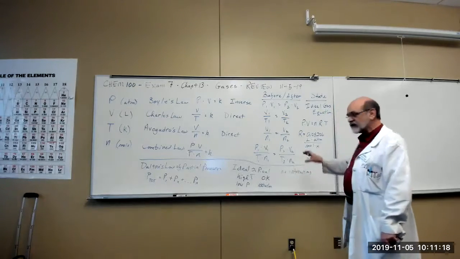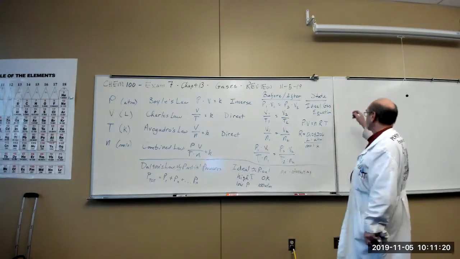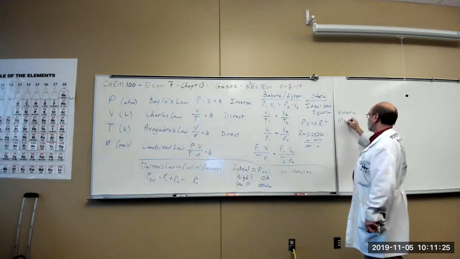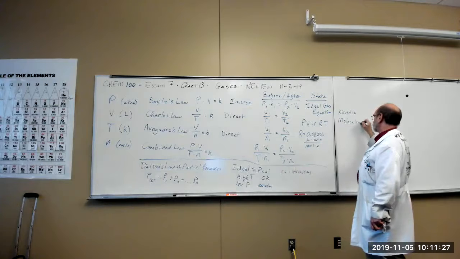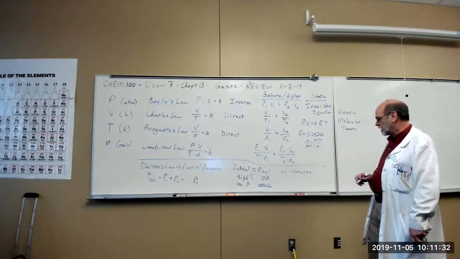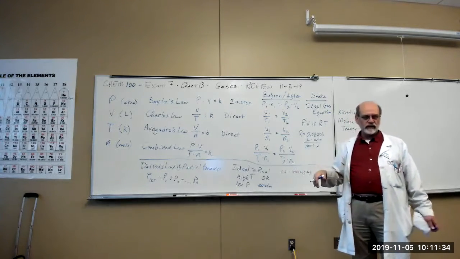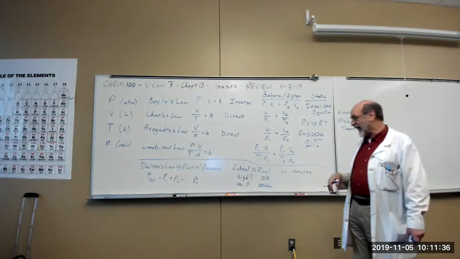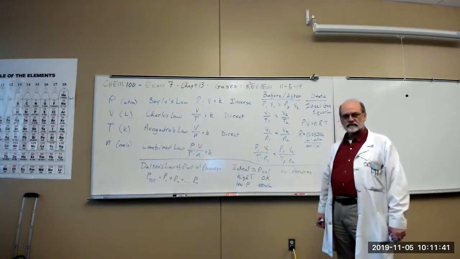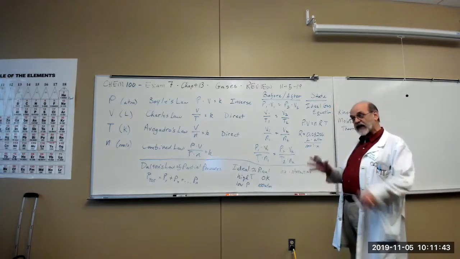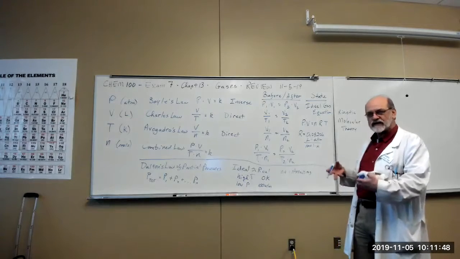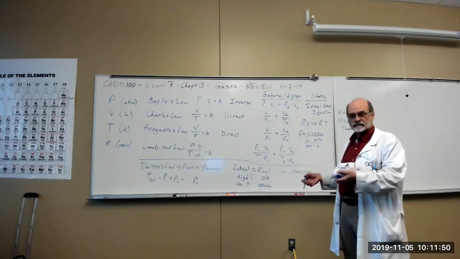In fact, these conditions are part of the kinetic molecular theory of gases. They don't interact. They just act like billiard balls when they bounce off each other. And in fact, we prefer to think of them as not even being there. They don't exist. The gas is there, yeah. It occupies space, but we treat it as if the molecules aren't there.